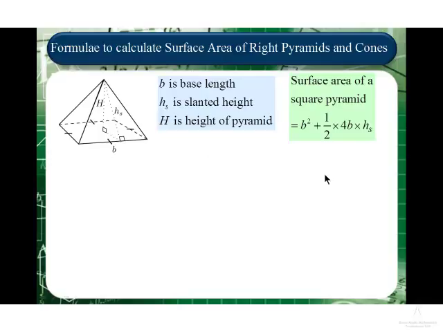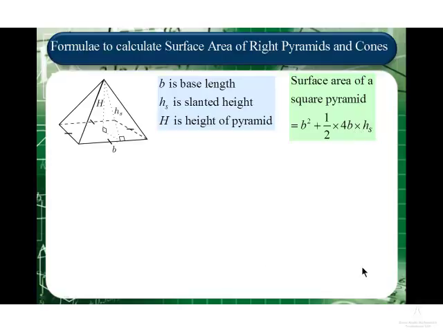With that in hand, we can now give a formula for the surface area of a square pyramid, in this case the right square pyramid, that is. It will be the area, as we've seen on the previous slide, of the base, which is b squared, plus a half times the perimeter of the square base, which is 4 times b, times the slanted height as we have explained it.